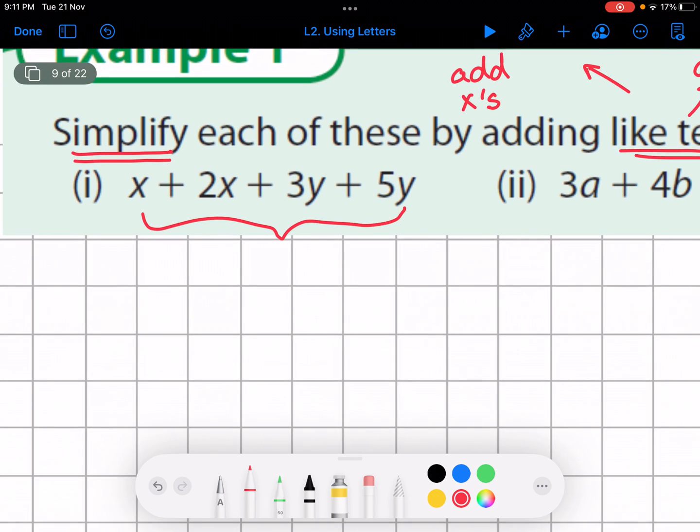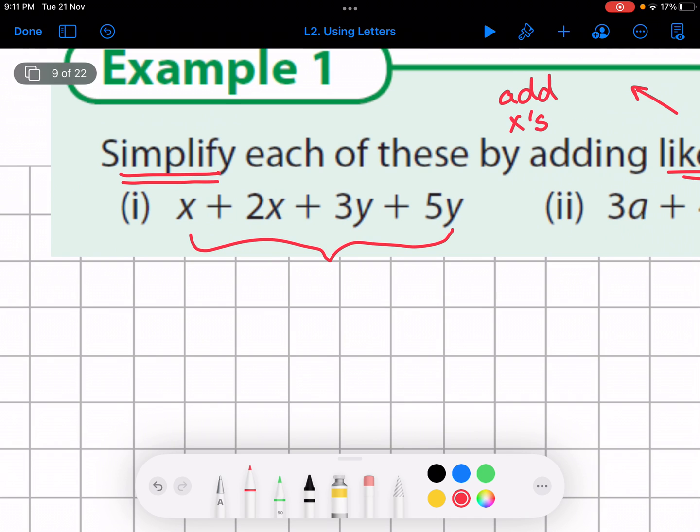So let's look at the first one. Here we have x, or it's the same thing as saying 1x plus 2x plus 3y plus 5y. So we are going to first of all add the x's together. 1x plus another 2x equals 3x.